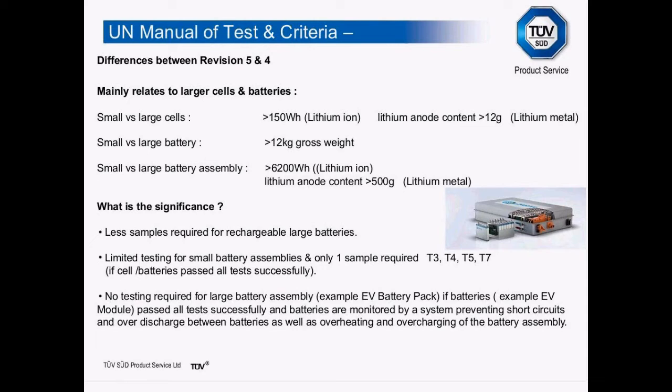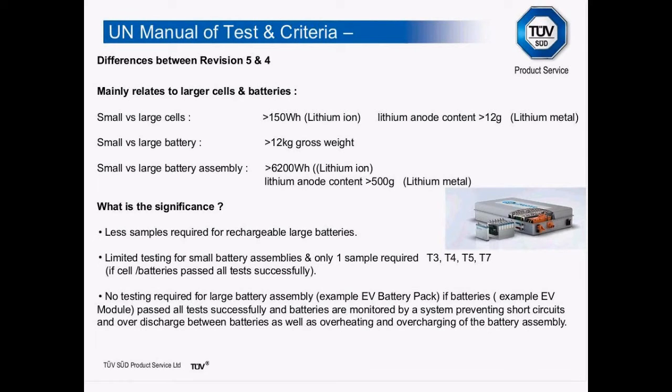It introduced the classification large cell, which for a lithium-ion battery would have a rating of higher than 150 watt-hours, and if it was a lithium metal cell, it would have a lithium anode content of greater than 12 grams. It also introduced the large battery category, which is any battery that has a gross weight of more than 12 kilograms.